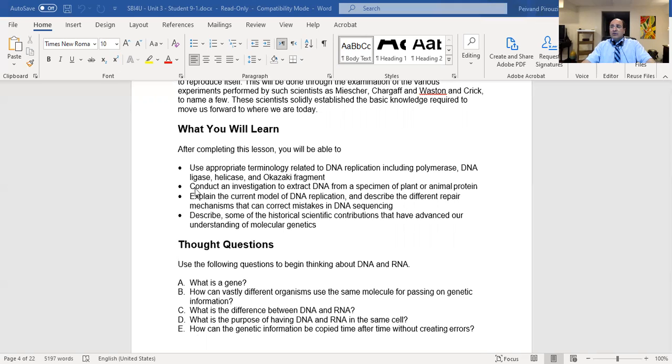Then you're going to be able to conduct an investigation to extract DNA from a specimen of plant or animal protein. The one that I used for your exam is the onion. And here I'm going to invite you to find a movie on extraction of onion.